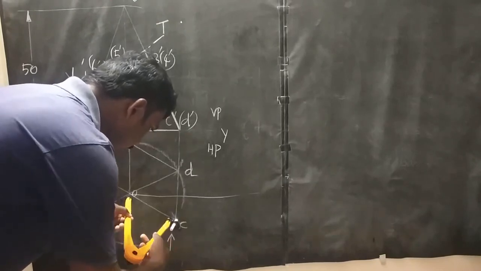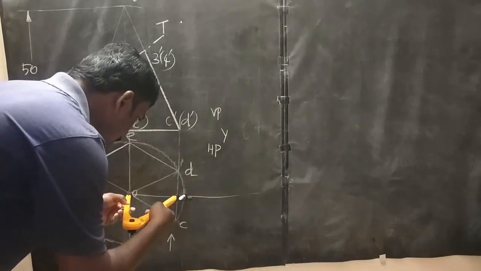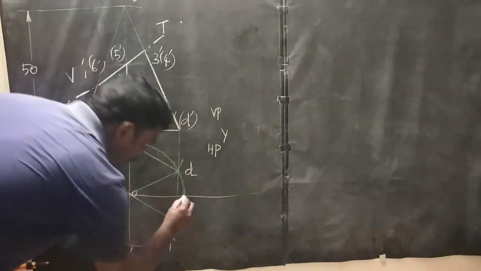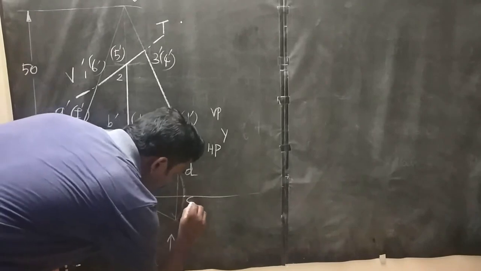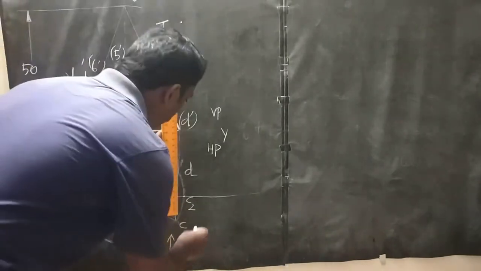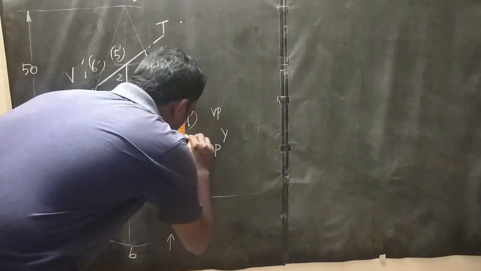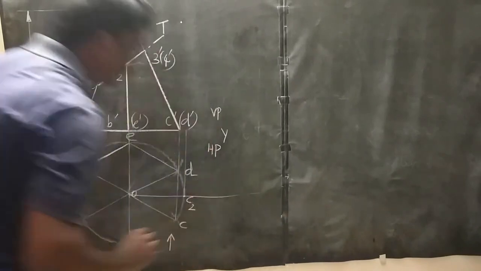O is center. Then draw one arc up to this horizontal line. This point called as C2. Then from C2 draw a projection line up to XY line.